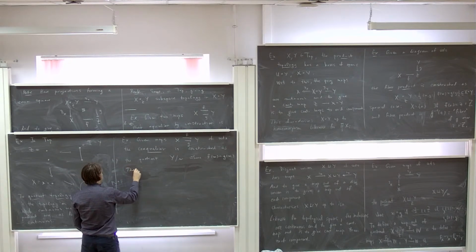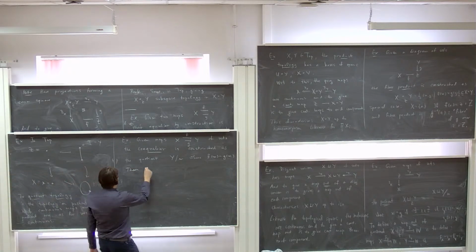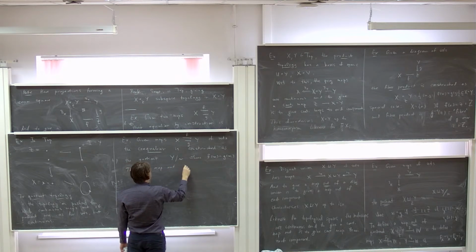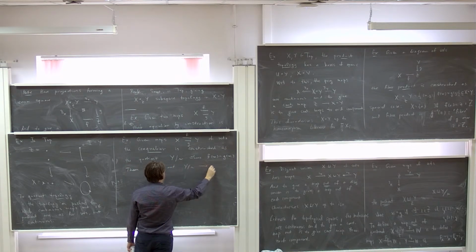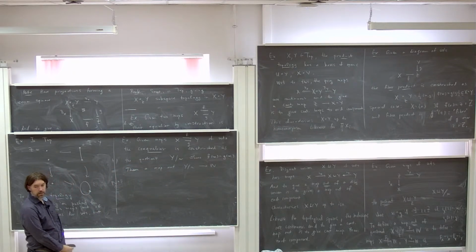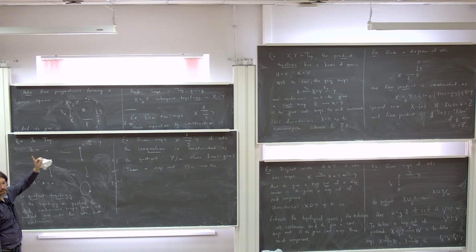So then, how do we map out of such a thing, respecting this equivalence relation? There's a single little x.